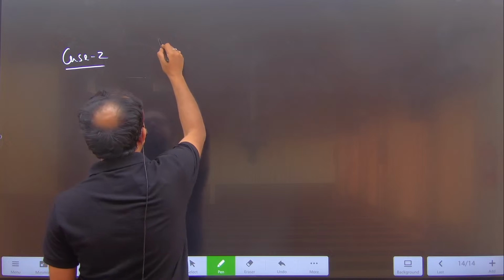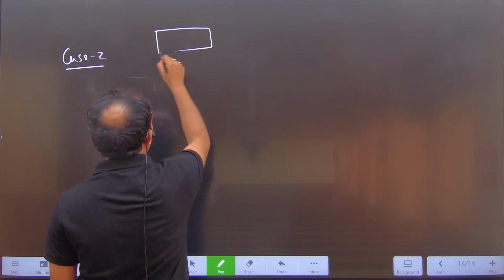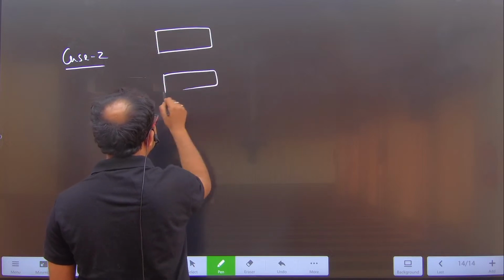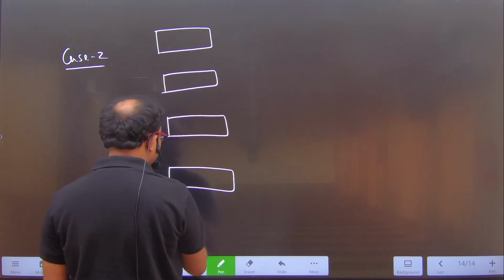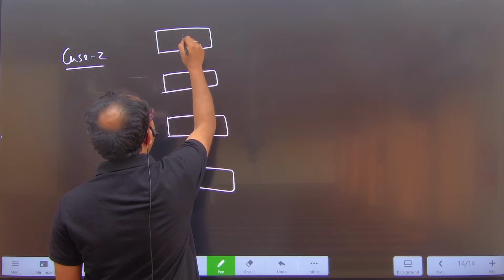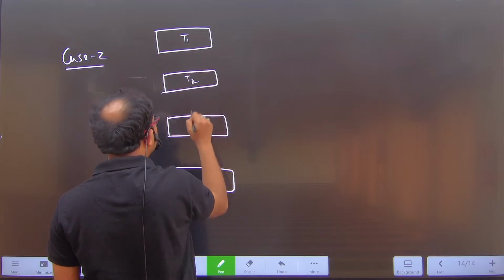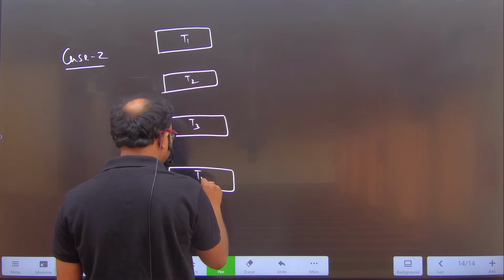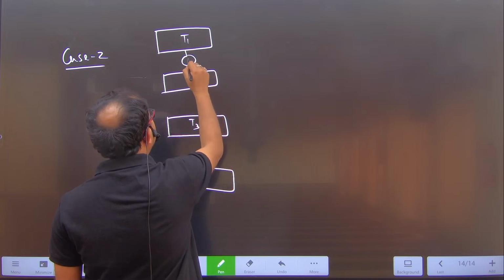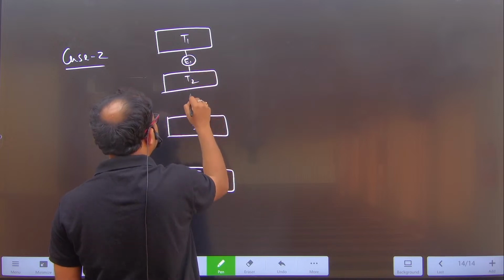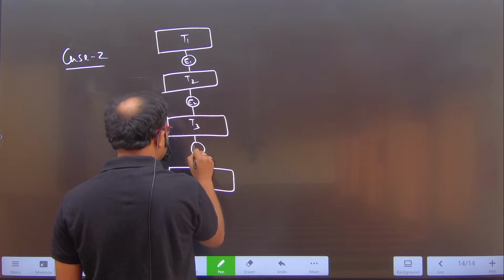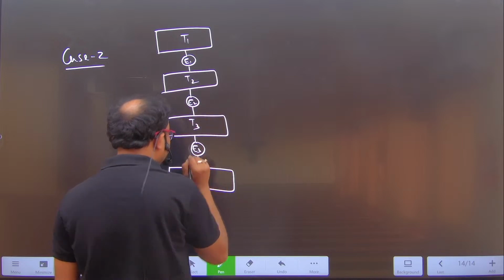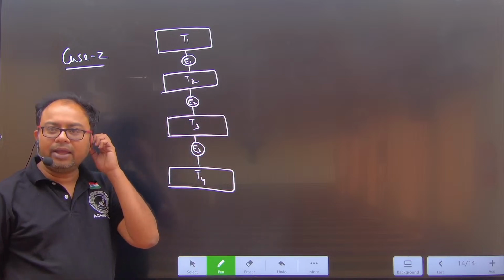Where you have got three engines combined together. T1, T2, T3, T4. E1, E2, E3, they are connected. Okay.